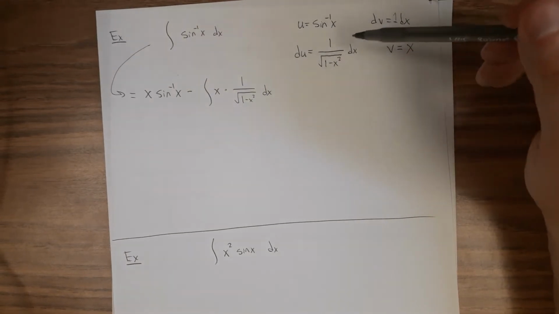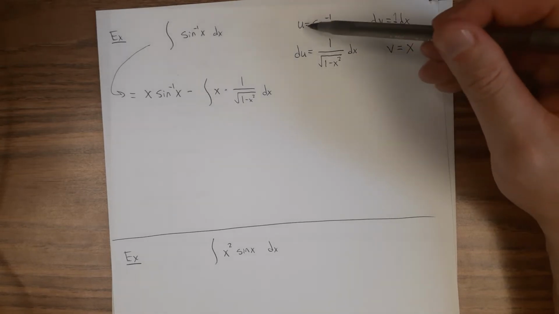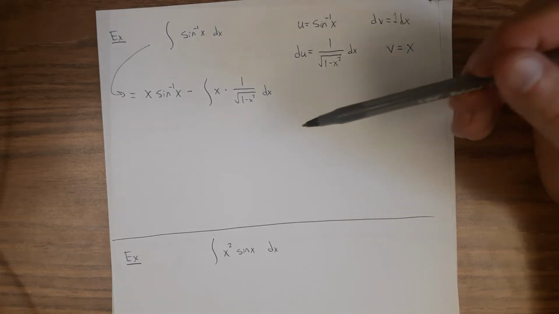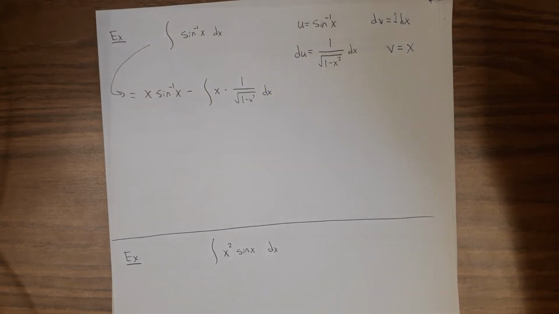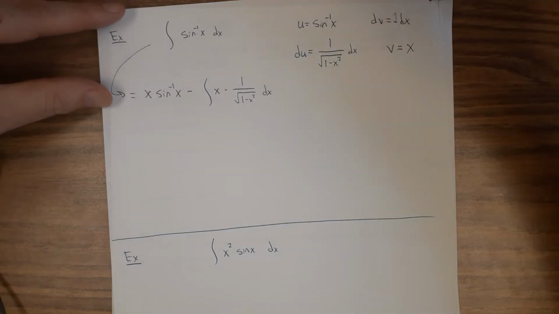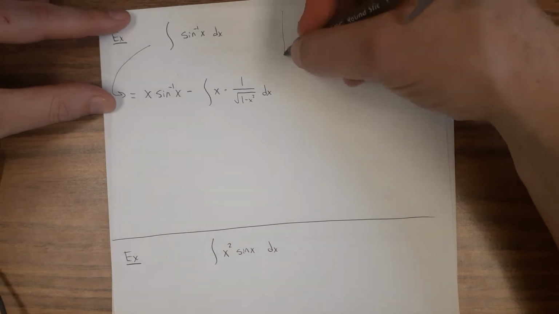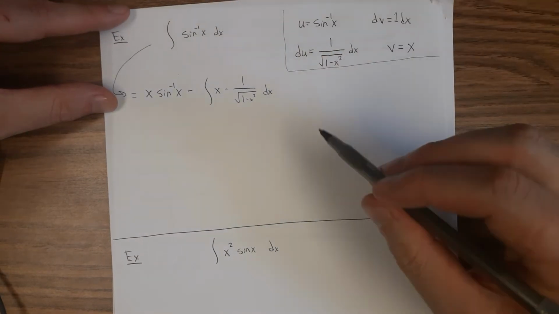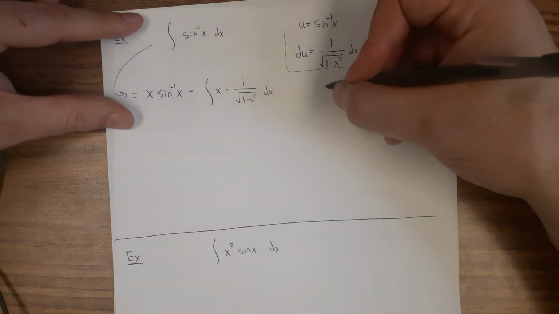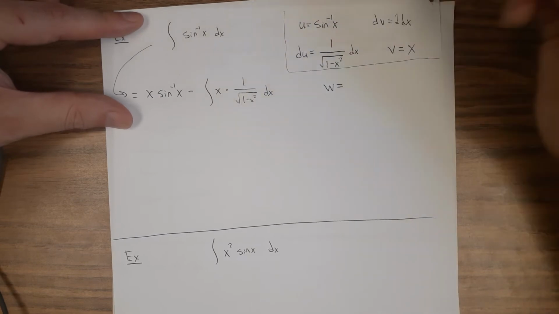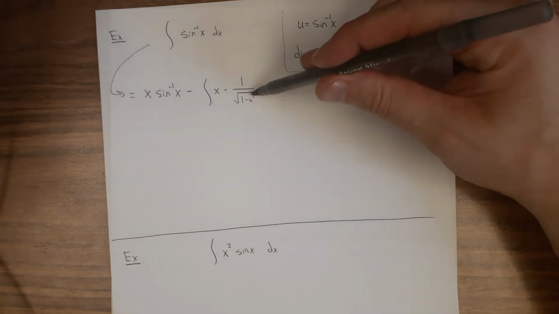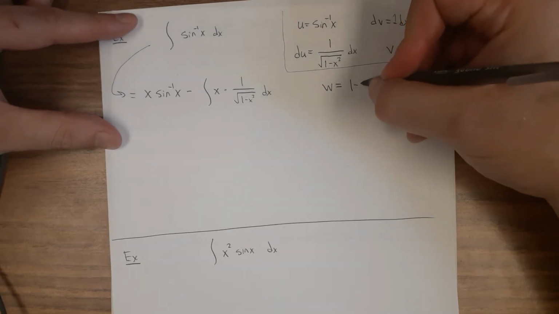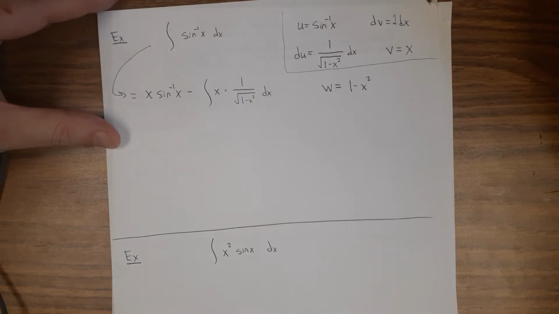I'm going to avoid using the letter u again. I've already used the letter u for this, so I'm not going to call this a u substitution. Let's call it a w substitution or something. But the letter doesn't matter so much. So what did I just say? I'm going to do a w substitution, and what's a good idea to make w? It's the inside of a composite function like this.